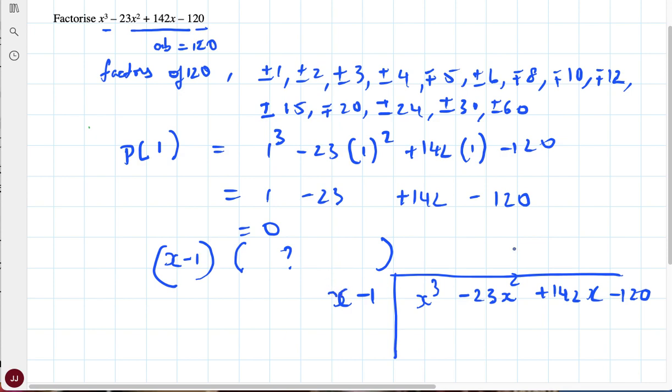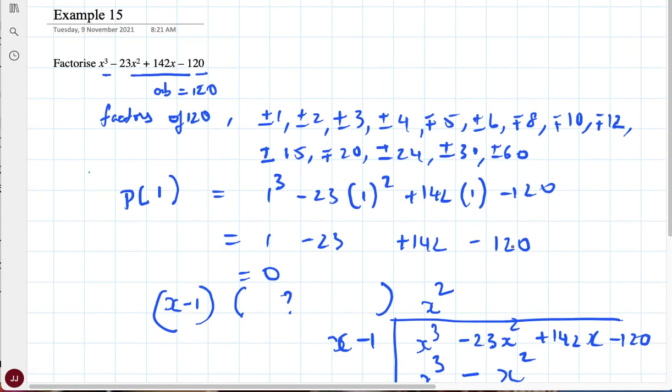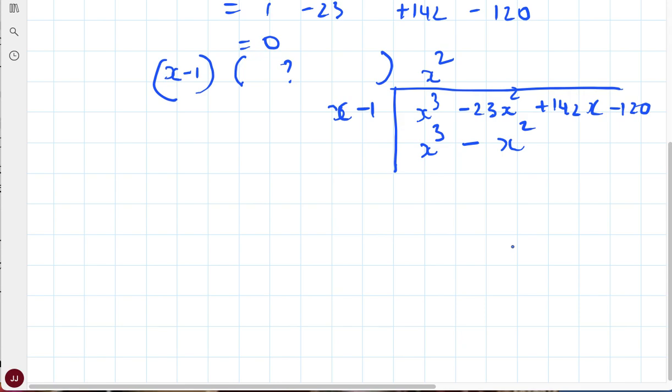So the first term is x square. So that becomes x cube minus x square. So subtract: minus 22x square plus 142x. So 22x square divided by x will give you minus 22x.